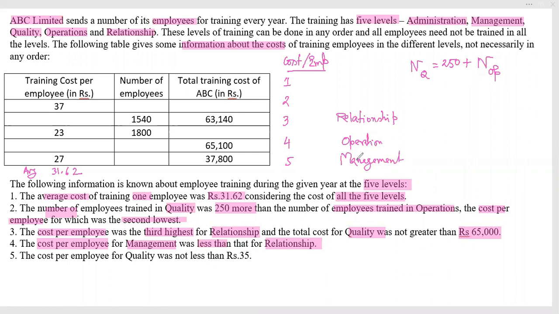Management would be the fifth one because it was less. Cost per employee for quality was not less than rupees 35. So quality is either 1 or 2, and not less than rupees 35.